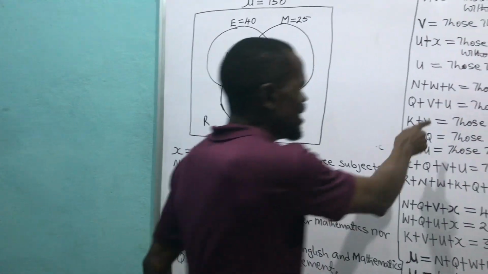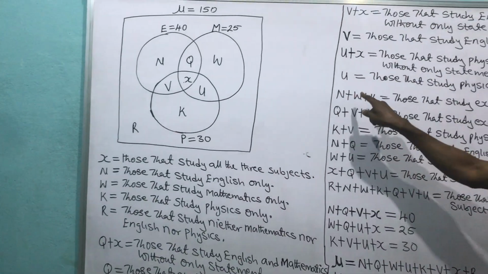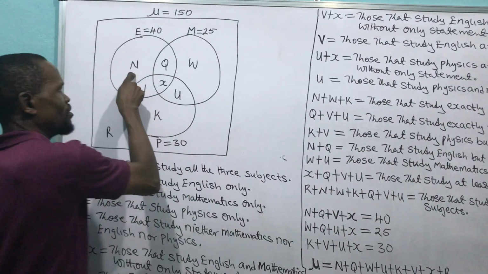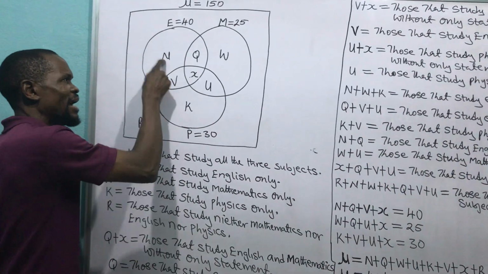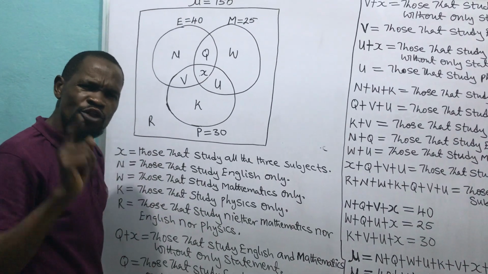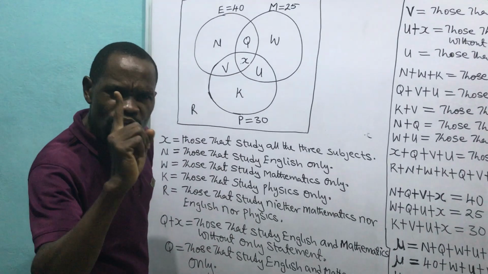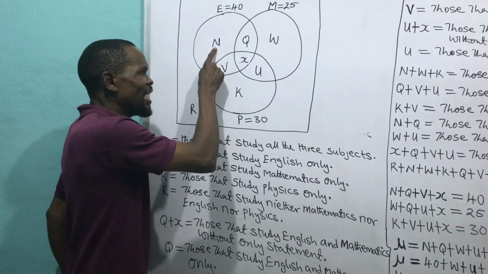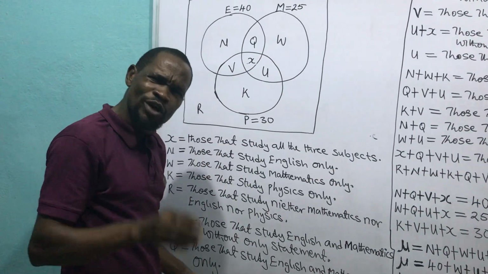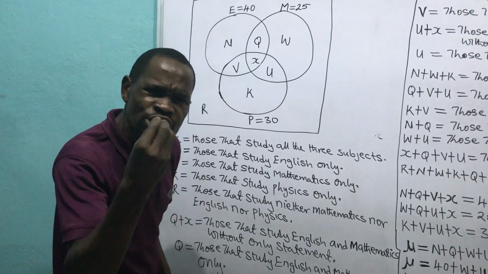And I say here, N, W, K. Look at it. N, W, K are those that study exactly one subject. N plus W plus K are those that study exactly one subject.